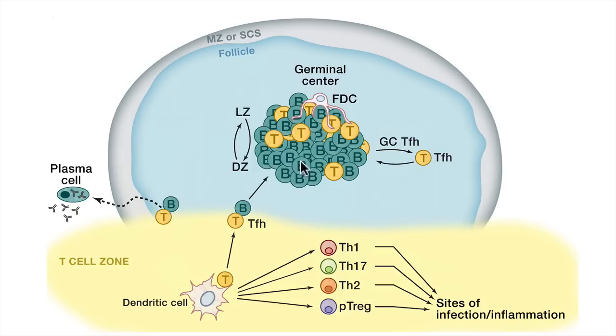It's unclear what signals would drive, as I was saying, conversion from an activated TFH to a memory TFH cell. There may be active signals that do so.